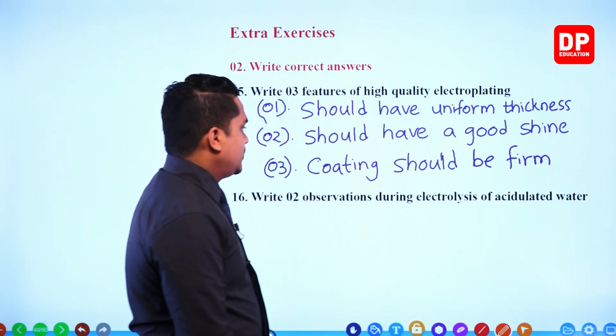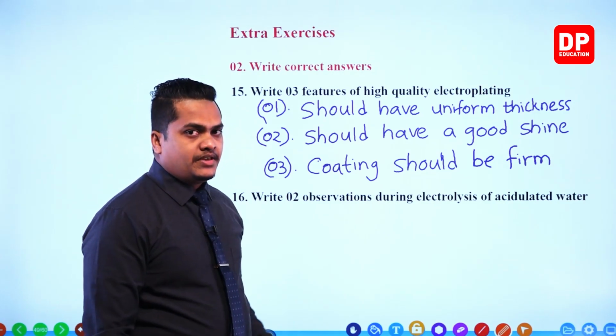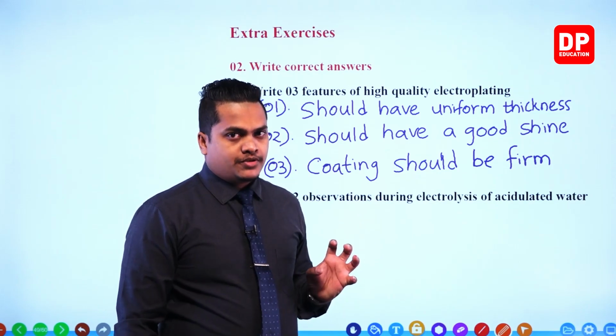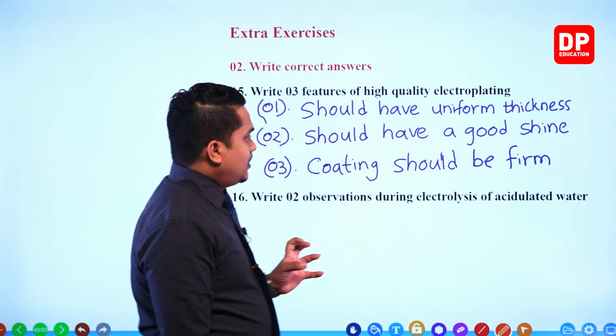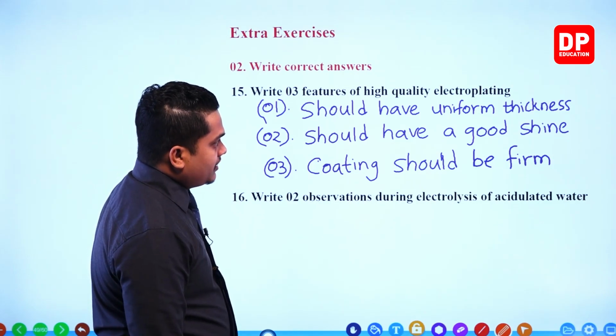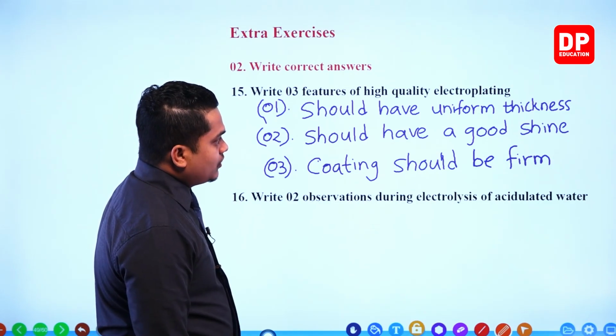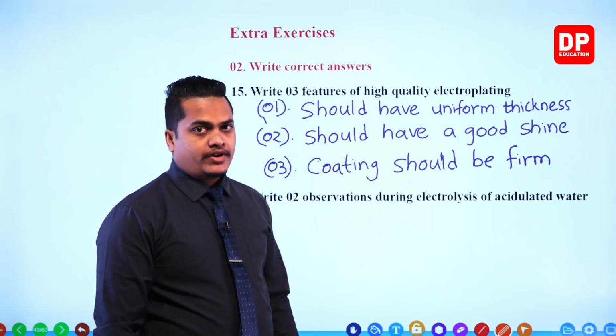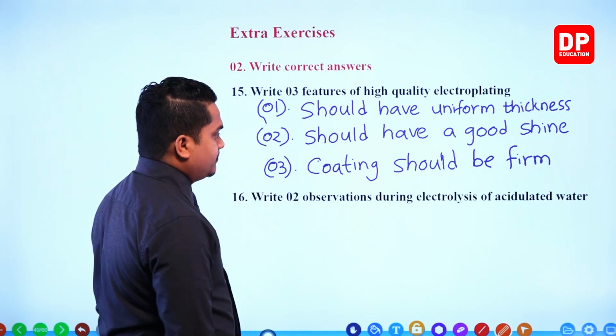Right? Firm. Coating should be firm. Firm means it should firmly adhere to the object. Okay. So it should have a uniform thickness. It should have a good shine. Then coating should be firm. Right? Coating should be firm.